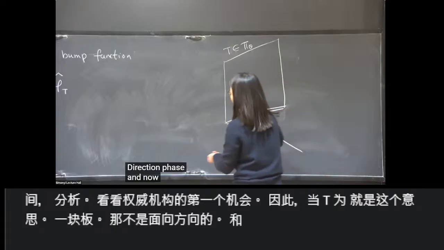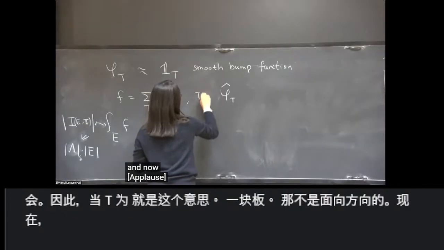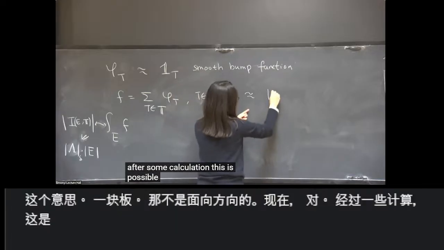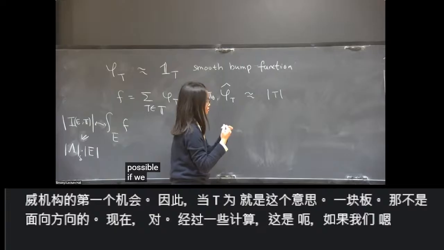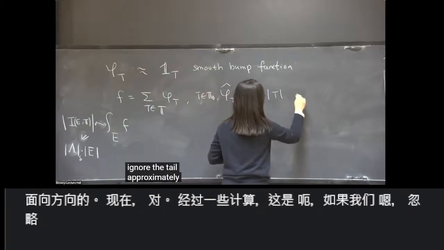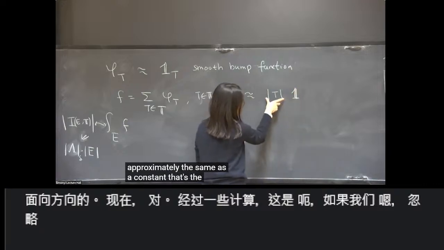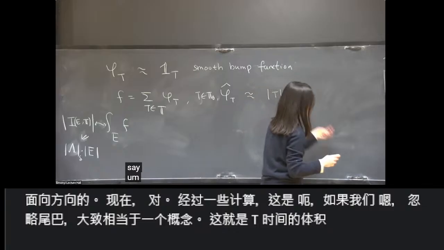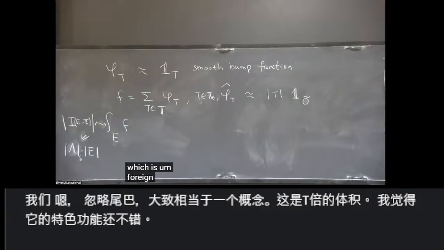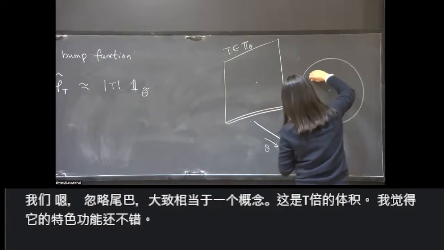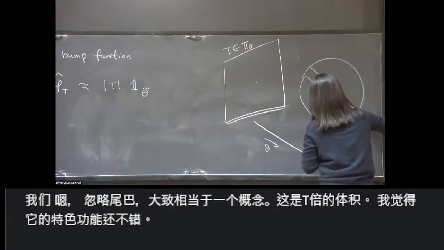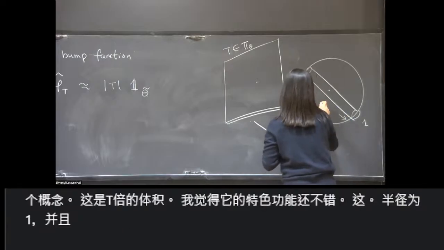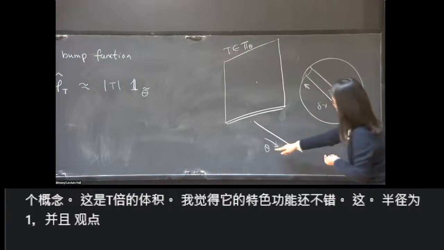And now after some calculation, if we ignore the tails, this is approximately a constant, the volume of t, times the characteristic function of delta, theta tilde, which is the tube that has radius 1 and length delta to the -1, pointing in direction theta.